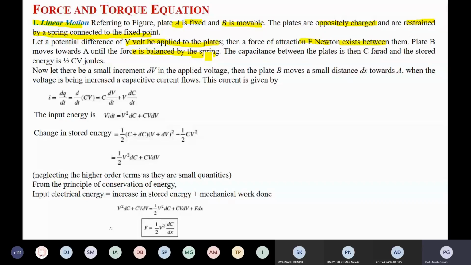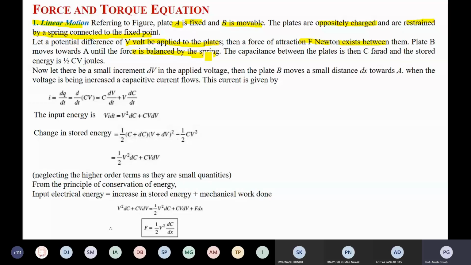If that force is greater than that of your spring, it is possible to move the movable plate. If that force is less, it is not possible. So the minimum requirement is that the force is in equilibrium with your spring.